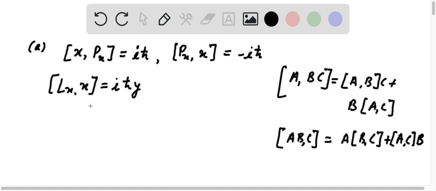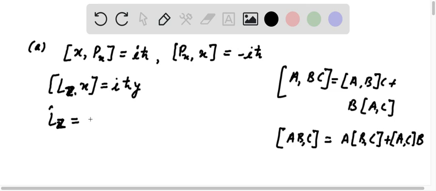Now let's find the commutator of Lz and x. As we know that Lx is equal to, sorry, this is Lz. First part is Lz with x.